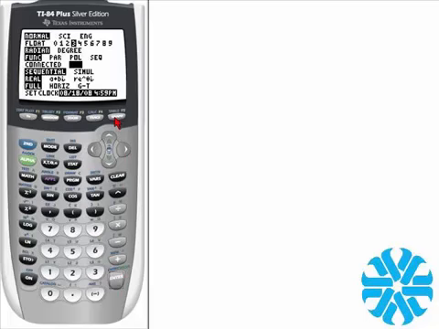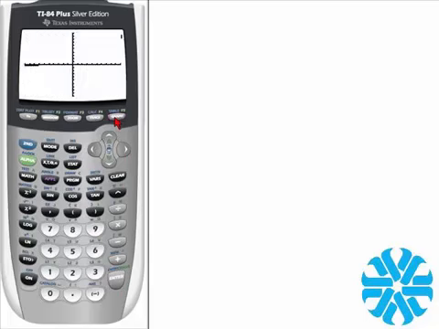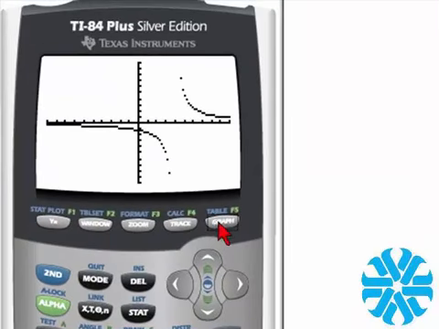So if I go ahead and hit graph, you can see the function graphed in dot mode. Now here are some of the individual points that are being plotted, and you can see that the points are getting closer and closer together, and if you move further to the left it looks like a continuous curve, but if you zoomed in on it the points would actually be separated.